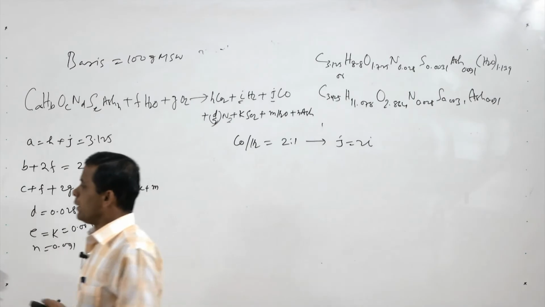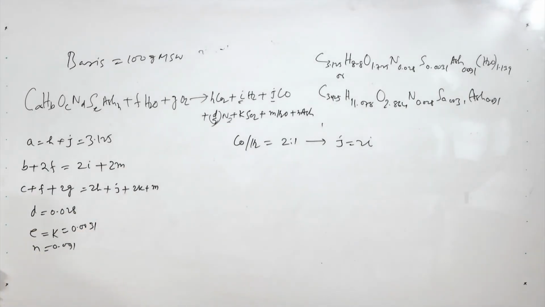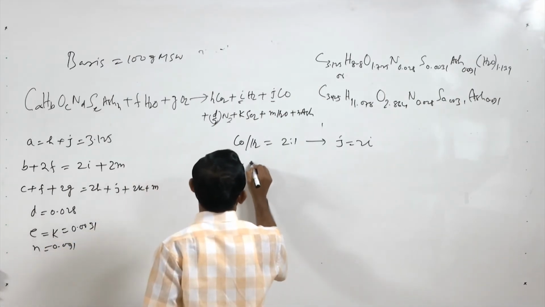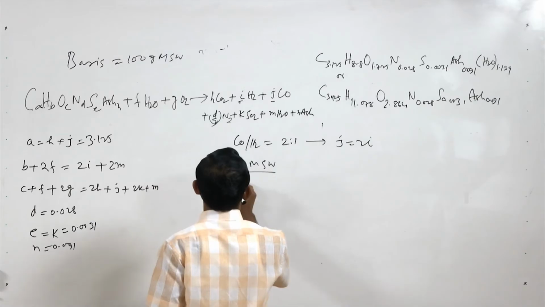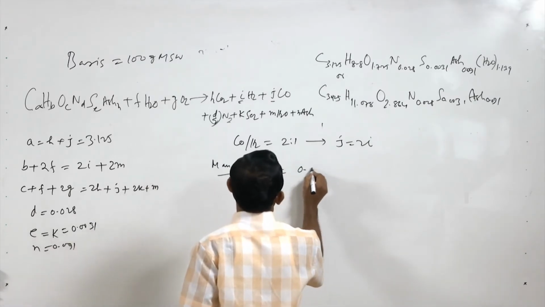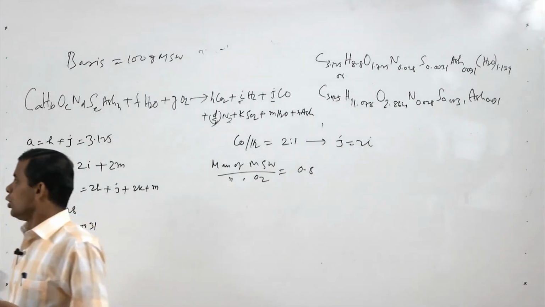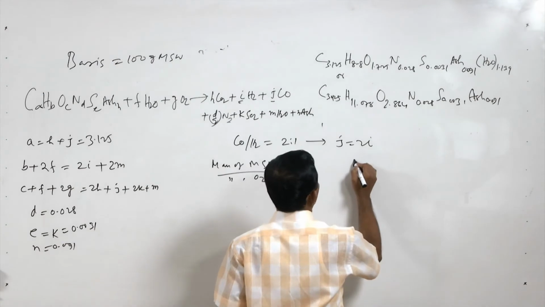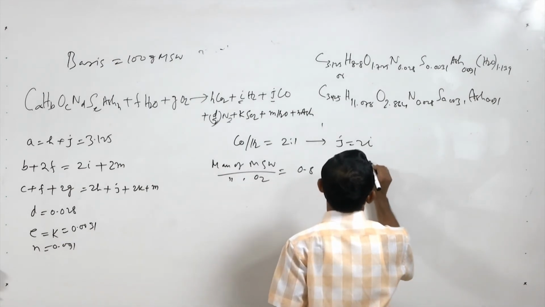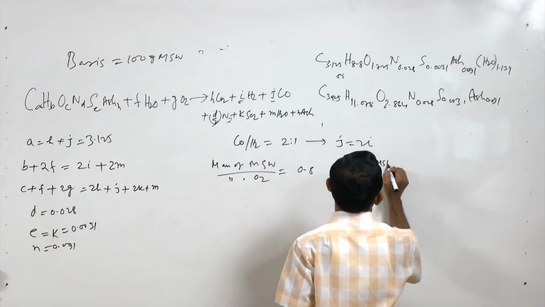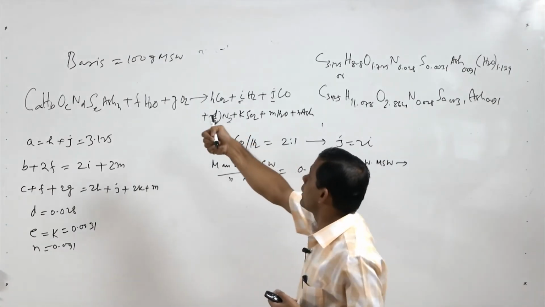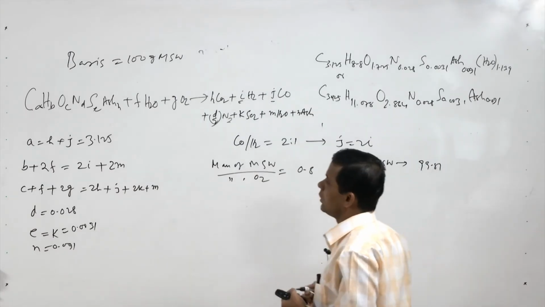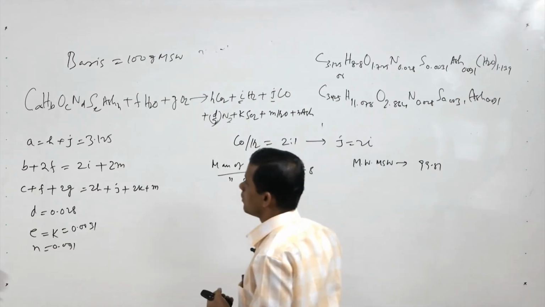Another condition is also given: mass of MSW by mass of oxygen is 0.8, it is given in the statement. The molecular weight of the MSW will obviously be around 100 gram as we have taken it, so it is coming to 99.8156 gram.